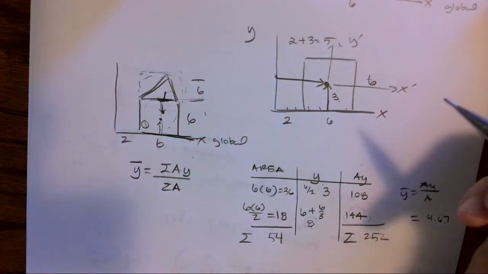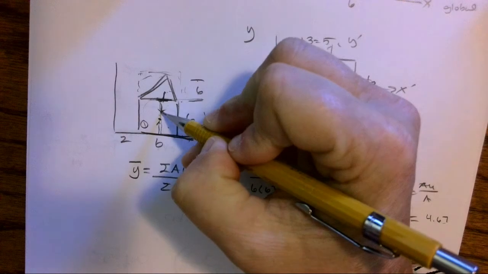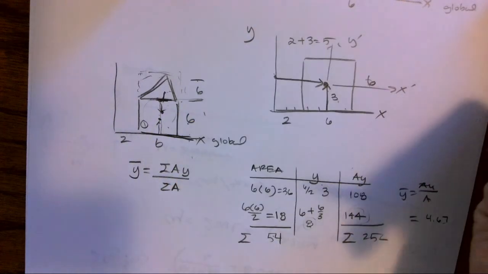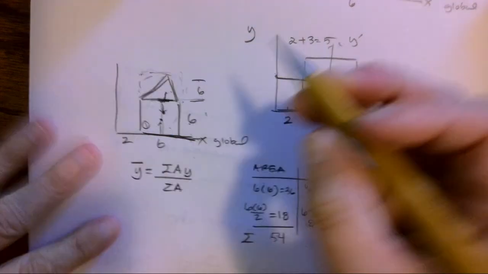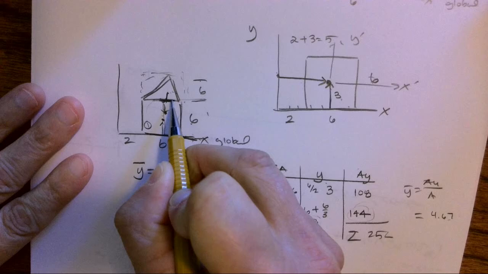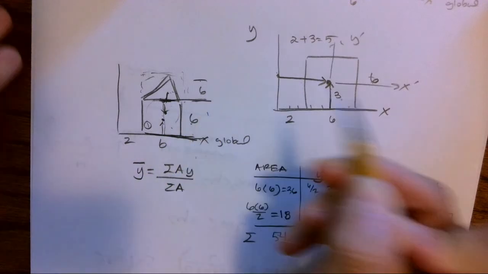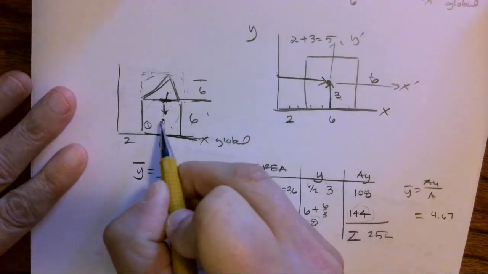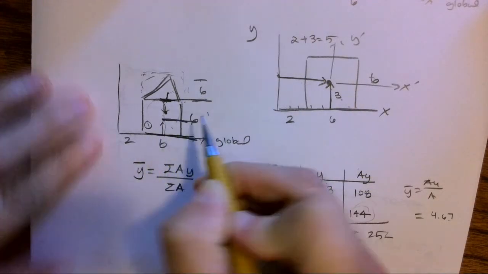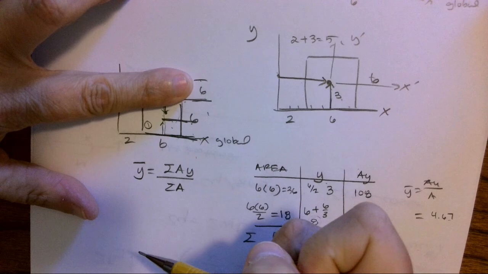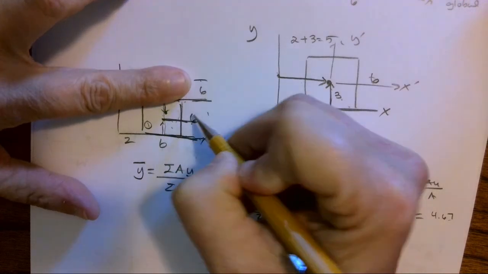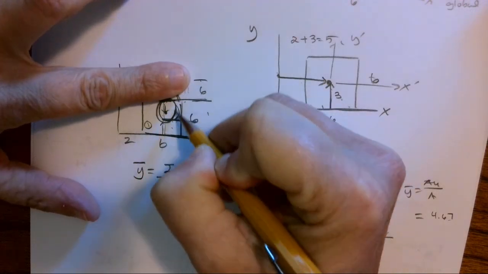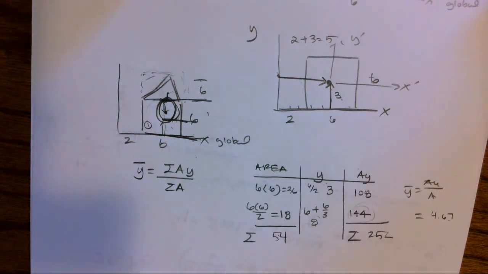And so it's usually going to be where there's more area. Now, my expectation would be it wouldn't be at 6 units, 6 inches, 6 feet, 6 millimeters, and it's not going to be at 3 because it would be at 3 if I didn't have that triangle on top. So my guess is it's going to be somewhere between 3 and 6. Okay, and 4.67 seems like a reasonable number.